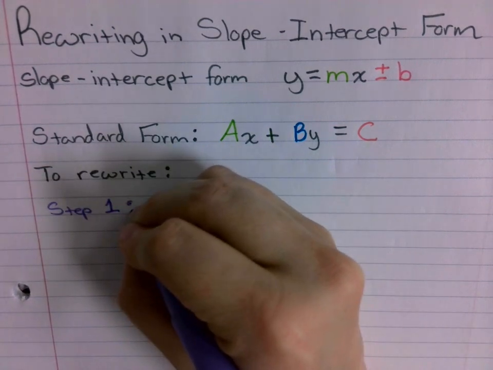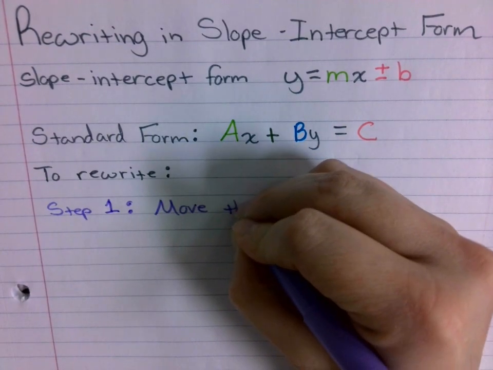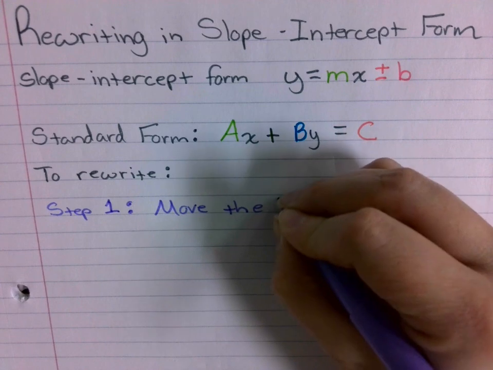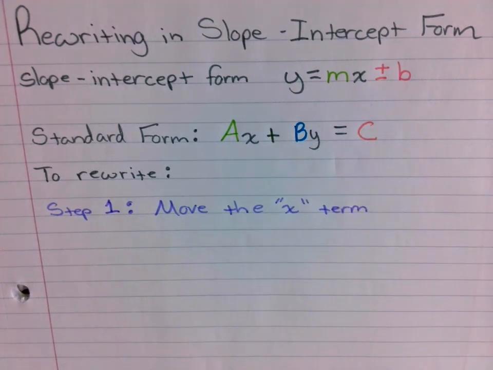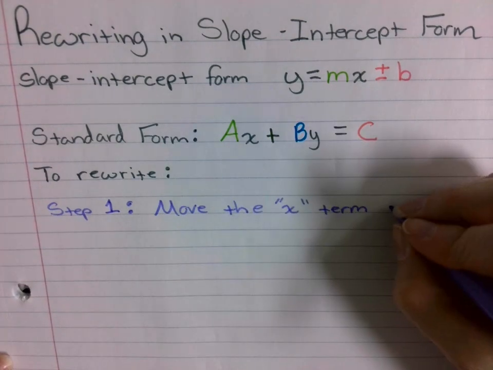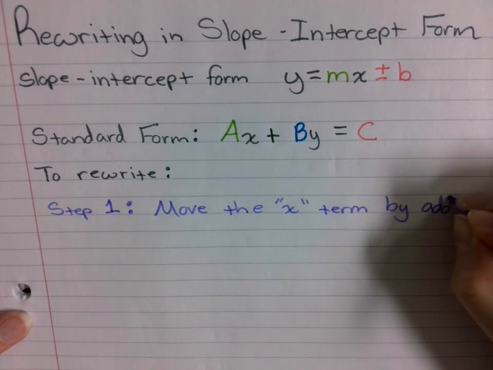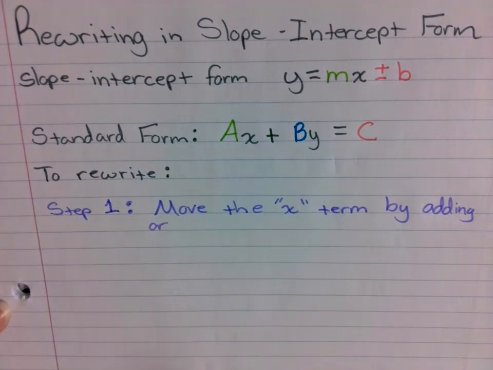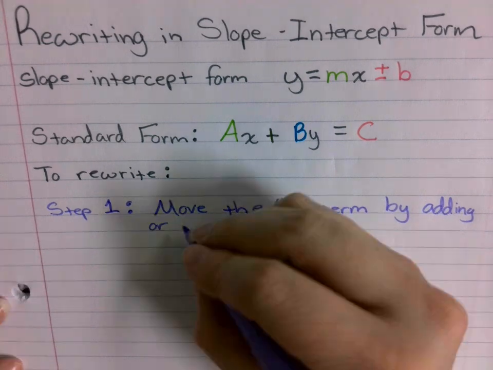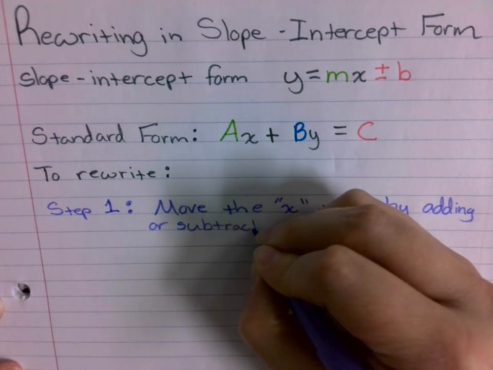Step one, you're going to move your x term. By x term, I mean the value that is paired up with the x as well as the x. You're going to move the entire term by either adding or subtracting. Remember, if it is a positive value, you will subtract. If it is a negative value, you will add, because we want to do those inverse operations.